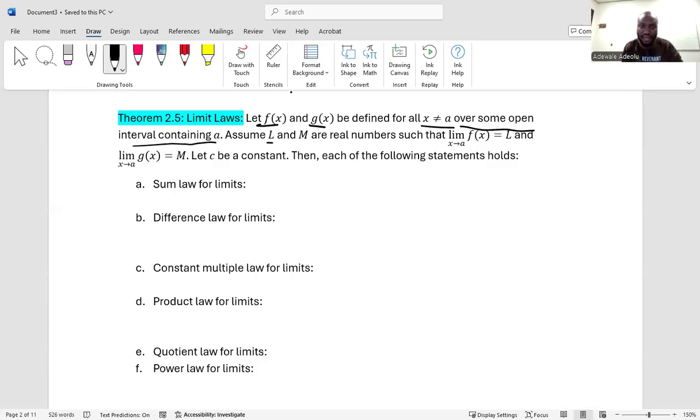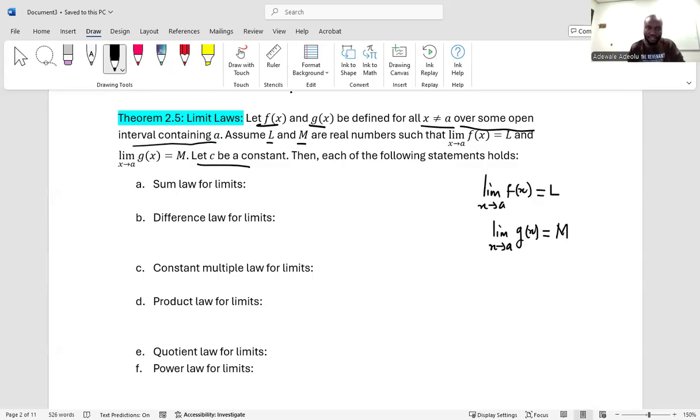assuming that L and M are real numbers, such that when we take the limit of the function f of x as x goes to a, we have the real value L. And when we take the limit of the function g of x as x goes to a, we have a real value M. Then the following statements are true.